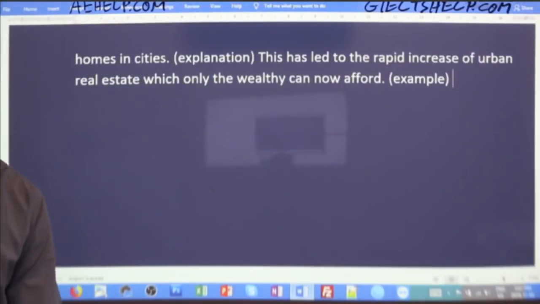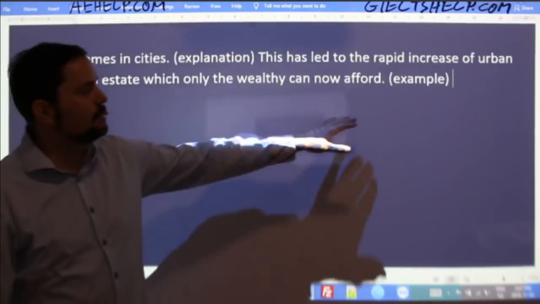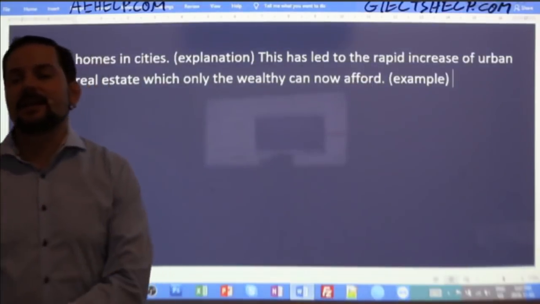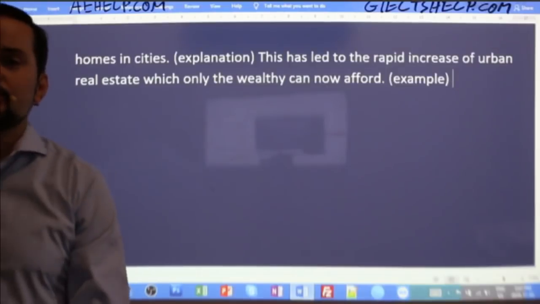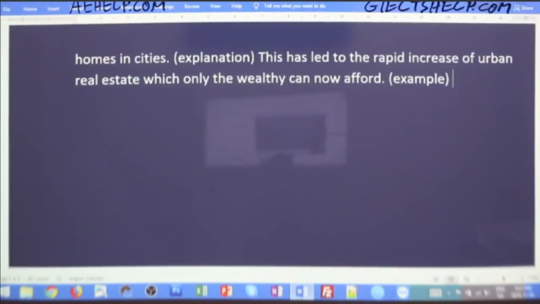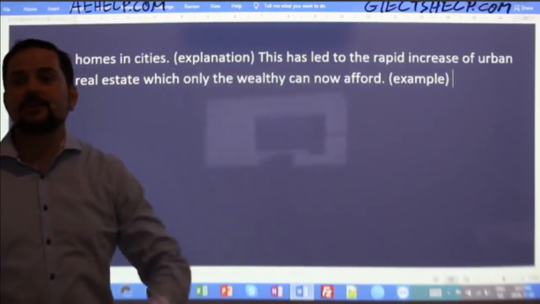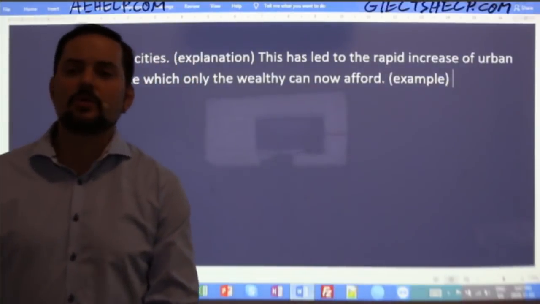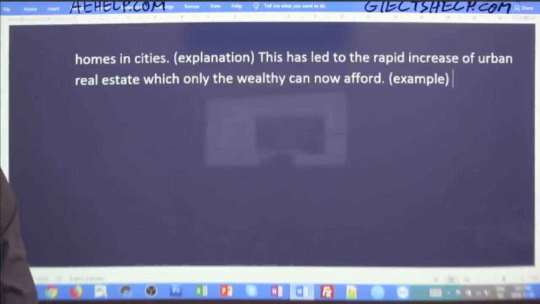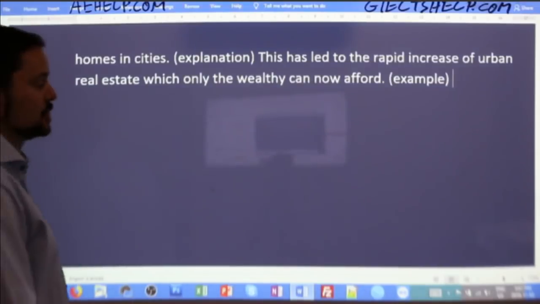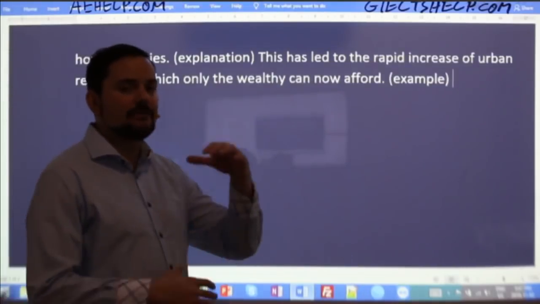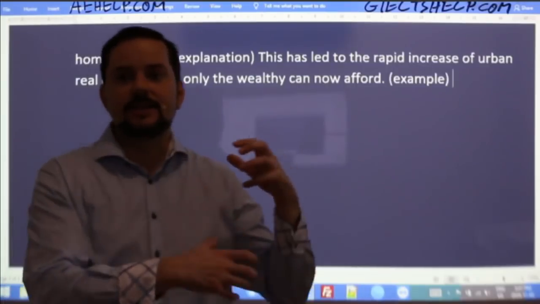Now again, here is where you need to remember for the example that this is a third person essay, not a first person. So you don't want to give an example like my friend or I bought a house or my uncle paid this much for his house, because that's first person voice. You never, ever, ever switch voices in an essay.